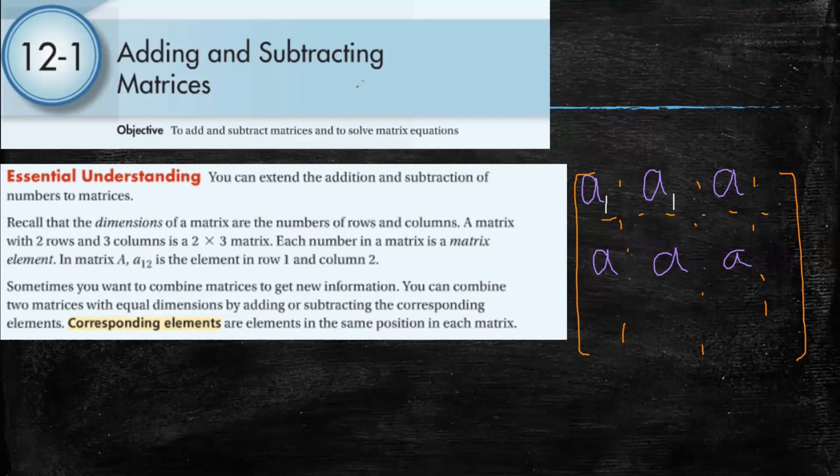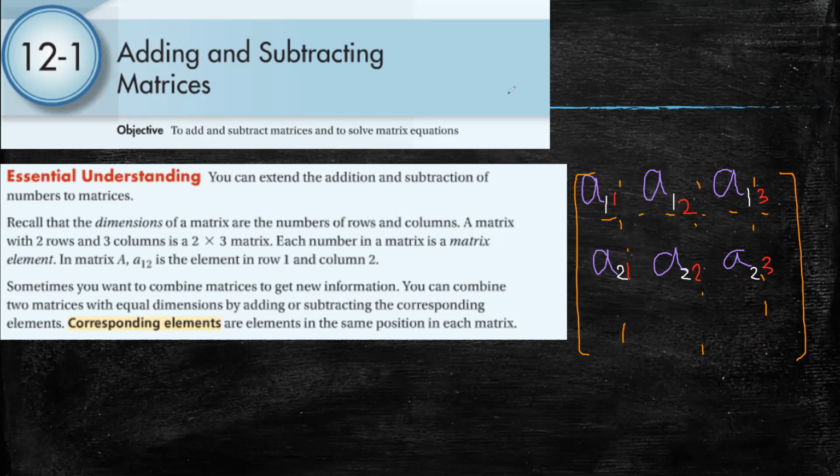This one is in row 1. When you go to the second row, you will say it is in row 2. This is for the number of rows. Now, the number of columns. The first A here is in column 1, and this one is in the first column also. The second element is in column 2, and this one is in column 2. The third one is in column 3, and this one is in column 3.